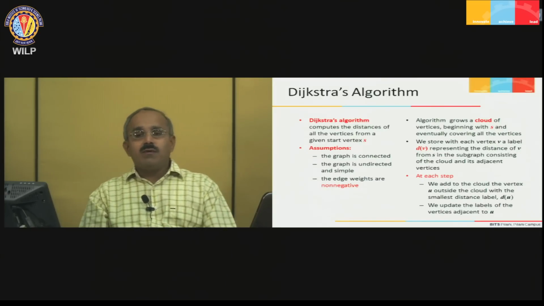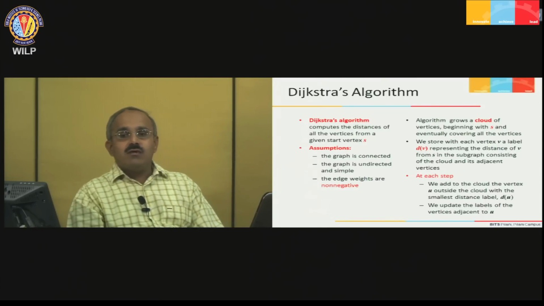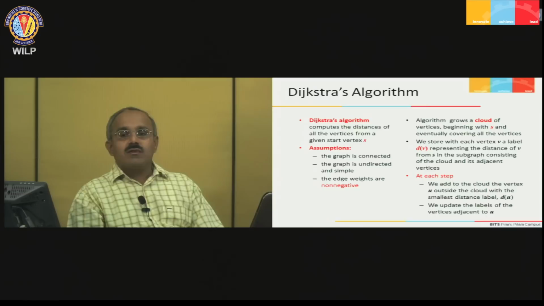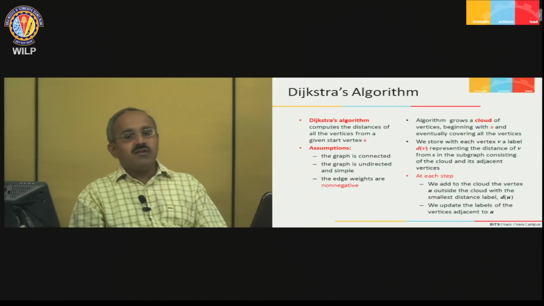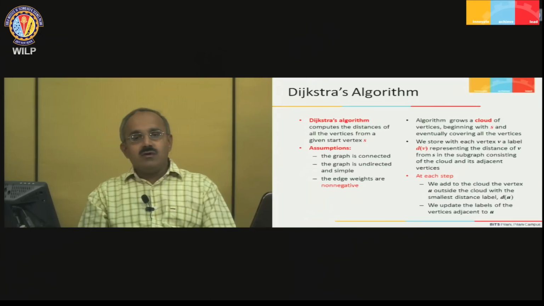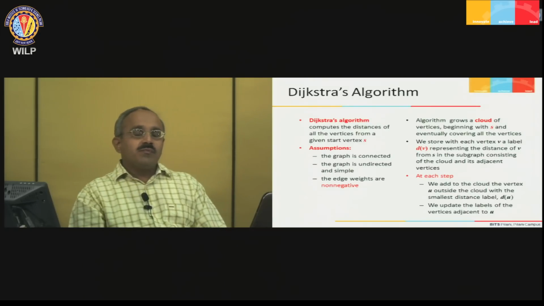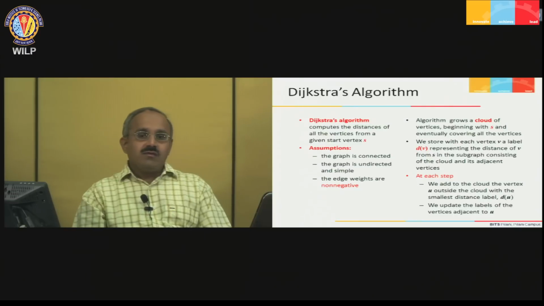So, at each step we add to the cloud a vertex u which is outside the cloud with the smallest label du. We update the labels of the vertices which are adjacent to u. Like minimal spanning tree, if you recollect, we added a vertex v with minimum label.